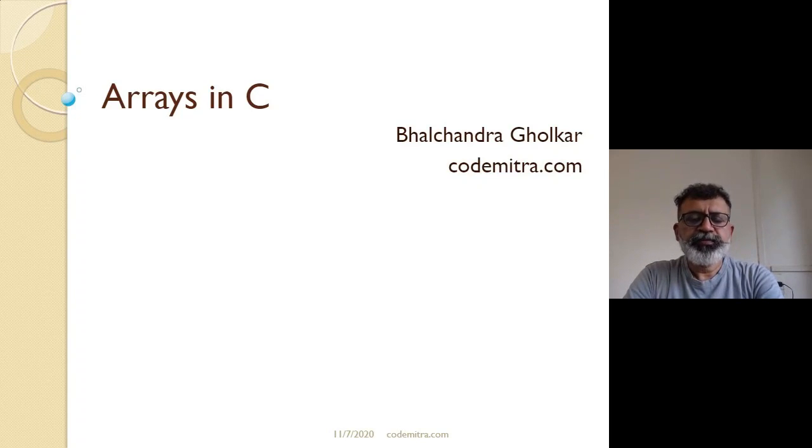Yesterday we started arrays in C. As I told you, an array is a user-defined data type. If we want to store multiple elements having the same data type and same nature, we prefer to store them in an array.